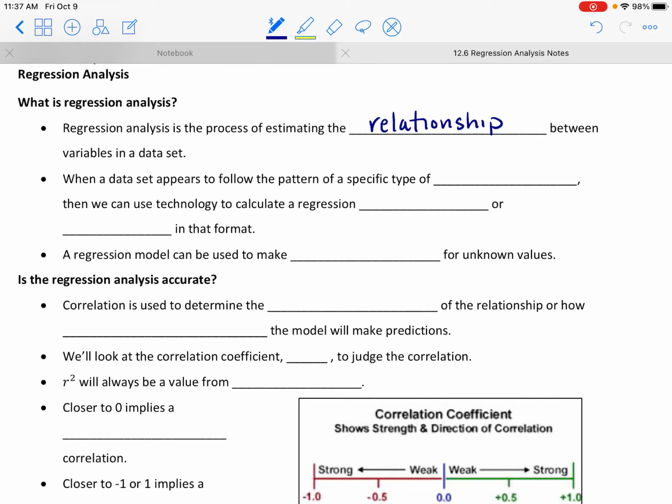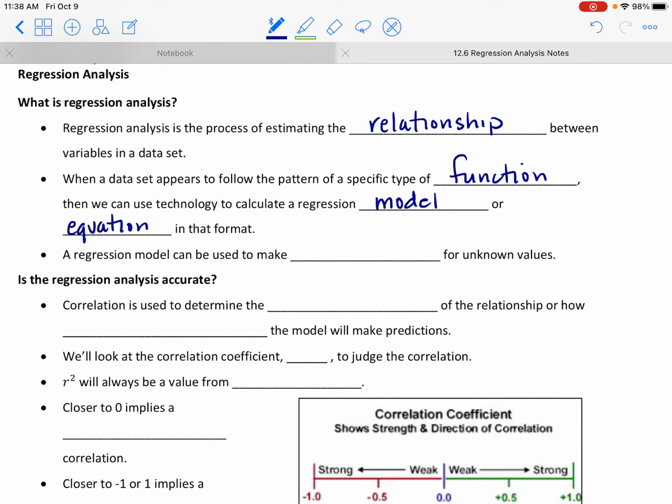And when the data that you're looking at appears to follow the pattern of a specific type of function, as I mentioned, linear and exponential, those are two types of functions, then we can use technology, namely in this case Desmos, to calculate a regression model or a regression equation. Those are interchangeable terms. We're going to calculate that model, that equation, to fit that data.